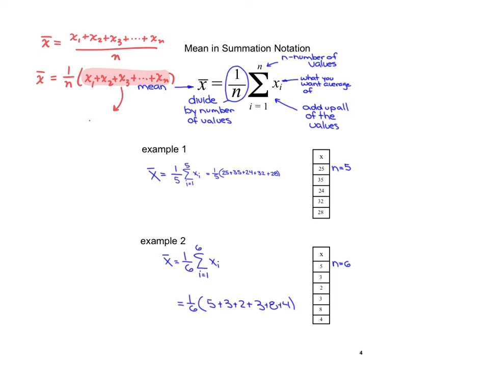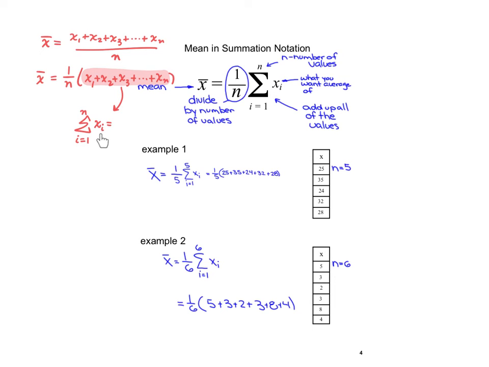This symbol right here means to add up. I would add up from i equals 1 up to i equals n of all the x sub i's. If this is the first time you've ever seen summation notation, that's probably pretty confusing, but let's lay it out. So what do I do to expand this?